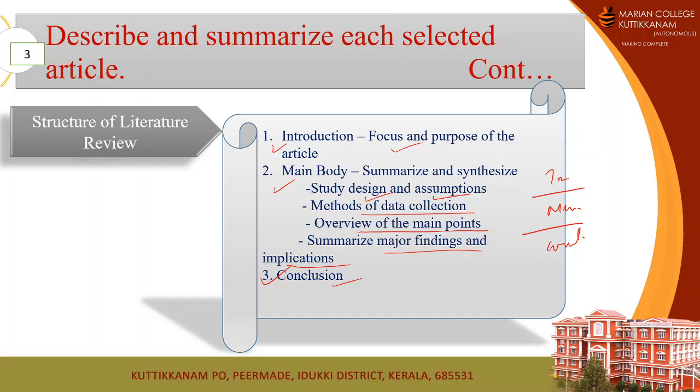So a review of an article you can write in a paragraph, and remember that it is not like writing an essay or a textbook. You can write it in a very concise manner, including the major focus or purpose of the study, the methodology they have adopted, and the major findings and implications of the study. This is how you can write a review of literature.